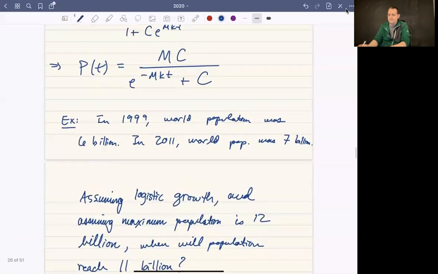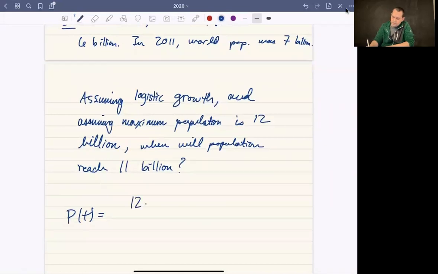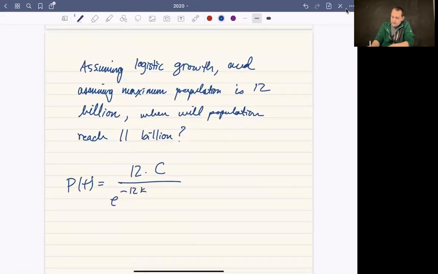That P of t is MC over e to the minus Mkt plus C. M is 12, so 12C over e to the minus 12kt plus C. Let's let t be in years, the number of years after 1999. So t equals 0 will be 1999.